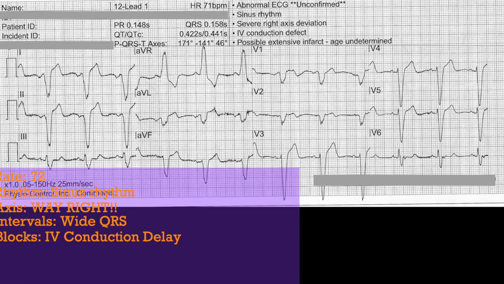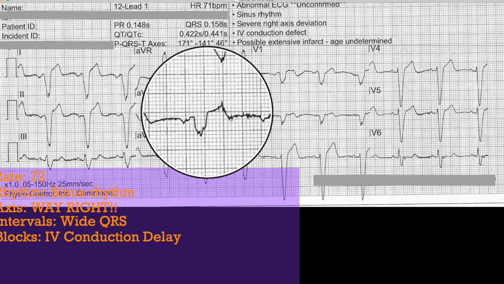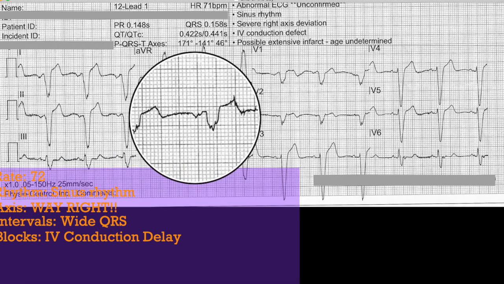Otherwise, looking at our PR interval, we're measuring the start of the P wave to the start of the QRS complex, and that should be under 1 large box or 5 little boxes, and it looks like it is 1, 2, 3, 4. Certainly under 5 of them.